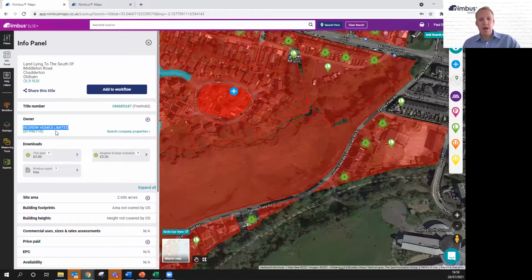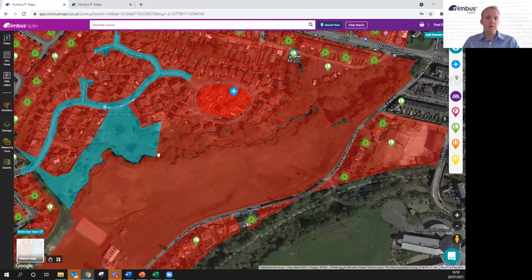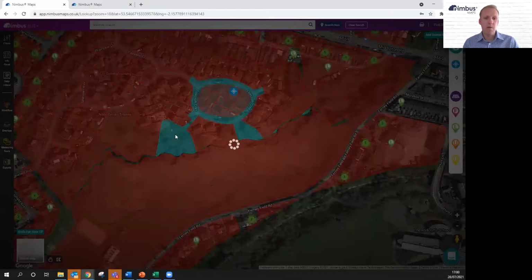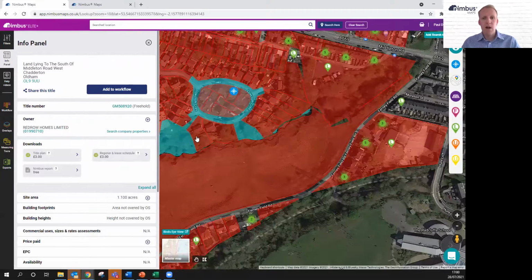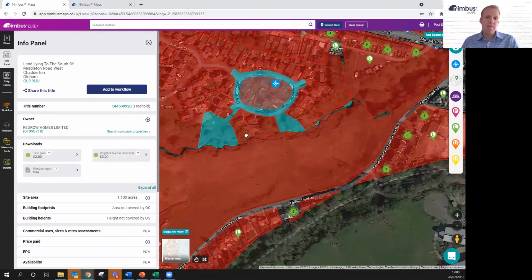So big Redrows, Persimmons, David Wilson, Taylor Wimpey's, that's the public open space. What they've done is an agreement with the council to maintain that grass, but the developer still owns the soil underneath. So like all of these fields here, I wouldn't bother looking at those. And to be honest, I personally wouldn't waste my time trying to contact Redrow on either of these two bits of land. But that one's good, isn't it?